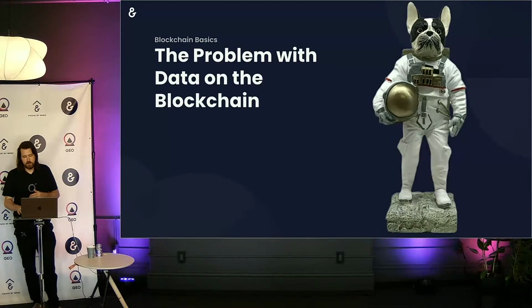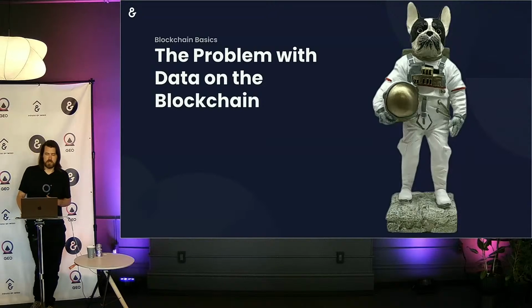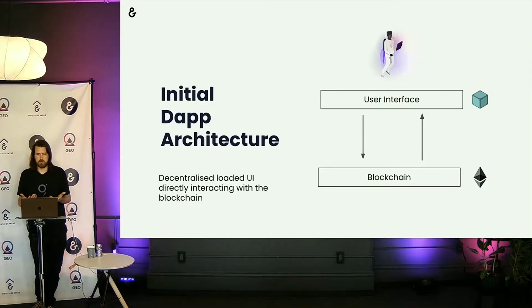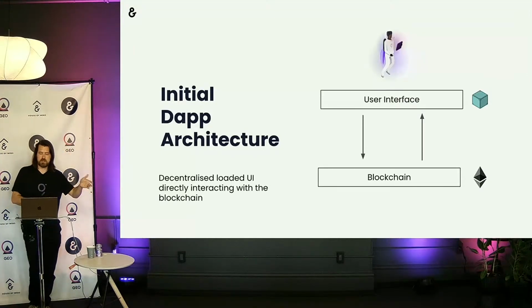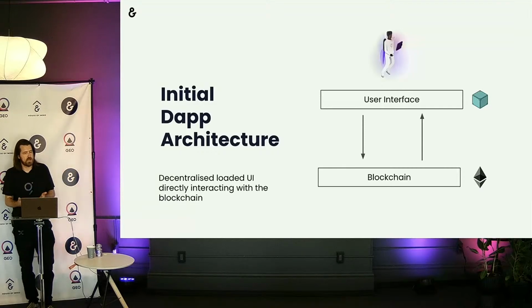But there is one problem with the blockchain in particular. The general idea is you build a dapp, and at first the concept was, okay, you have a smart contract that is deployed to the blockchain, and then you have a user interface that is interacting with that dapp, right? And you are doing reads and writes from the blockchain.